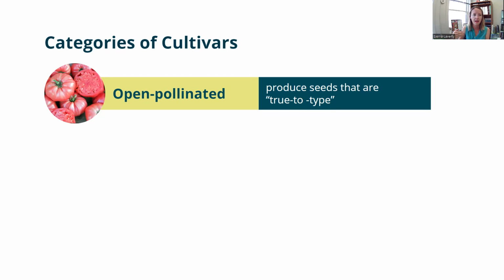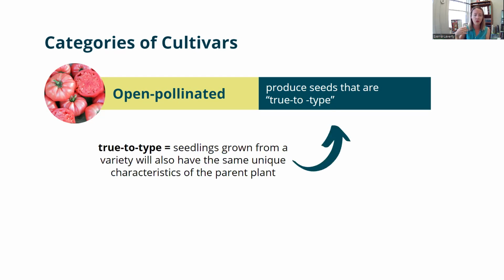So they will look exactly like, or very, very close, share the same characteristics of the parent plant that were important to begin with. So this example here of a Brandywine tomato, if you save seeds from a Brandywine tomato and you plant those seeds and grow them out, they're going to look like a Brandywine tomato.